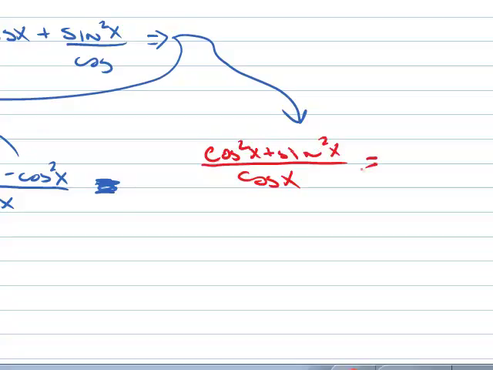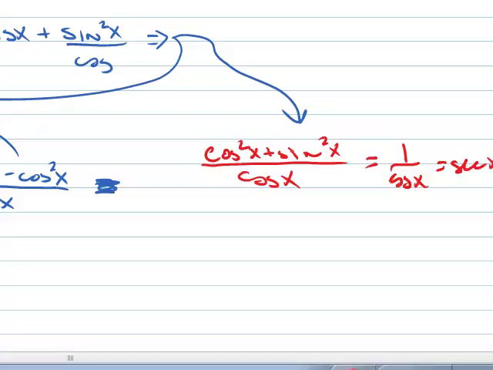And cosine squared plus sine squared is what? 1. So then I would have 1 over cosine x, or secant x. And that's number 10.